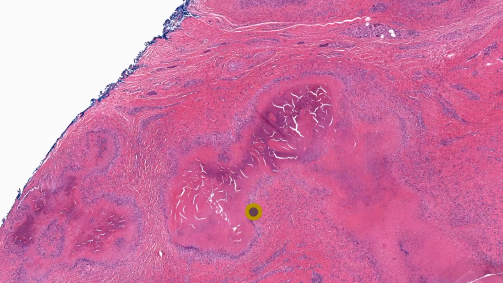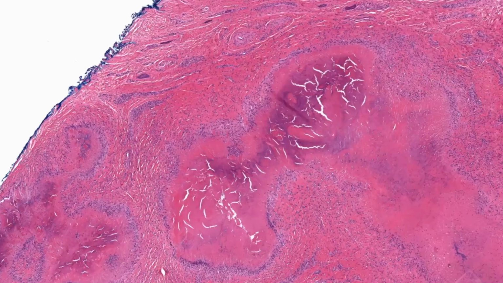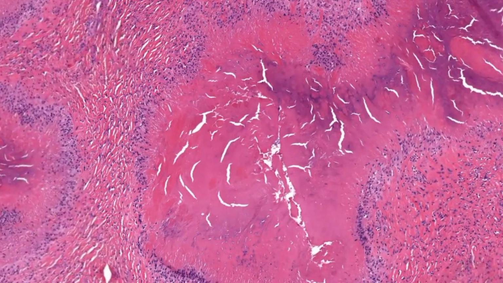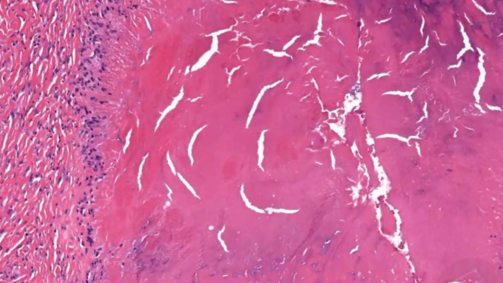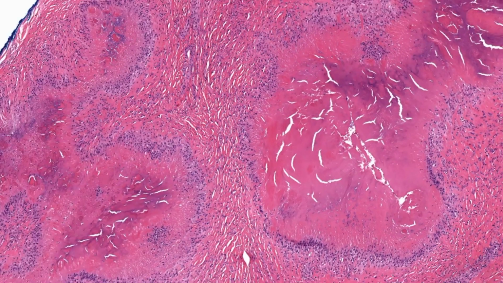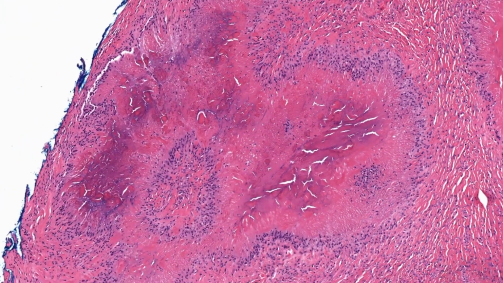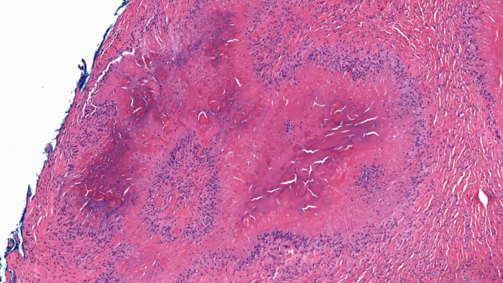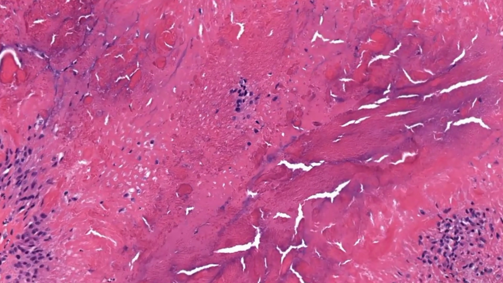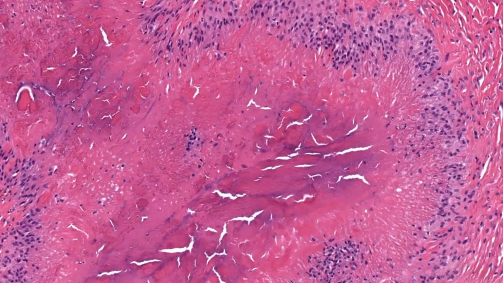You can see there is a similar palisading granuloma over here, but this is typically reddish in appearance when compared to the bluish appearance which we saw in the previous case. And you can see that this is definitely not tumor cell necrosis, because you have to be wary of a very malignant condition which also has similar palisading areas and a central tumor cell necrosis, which is epithelioid sarcoma.